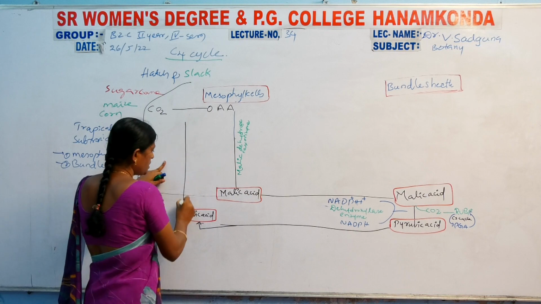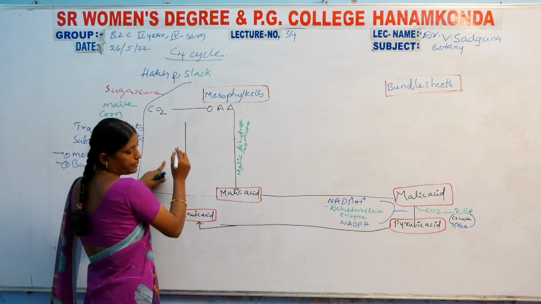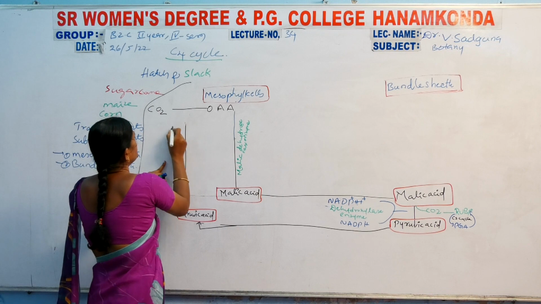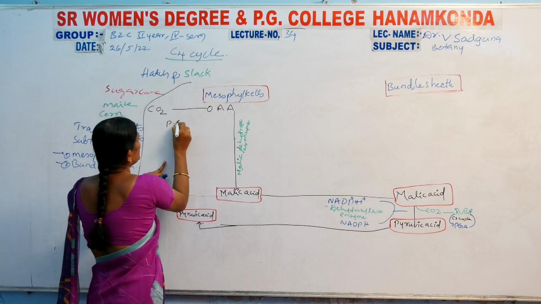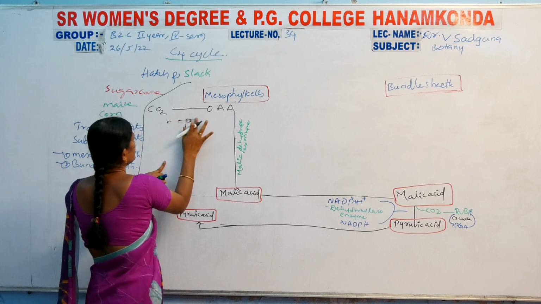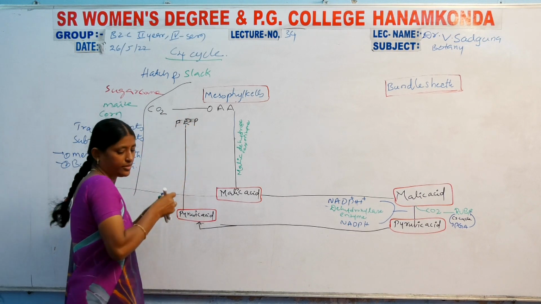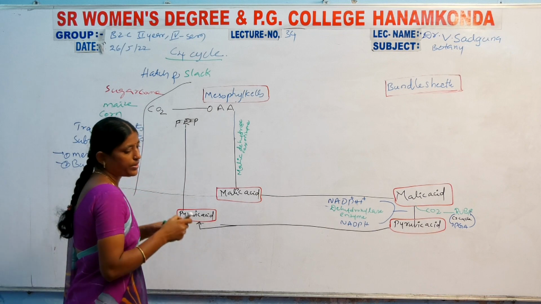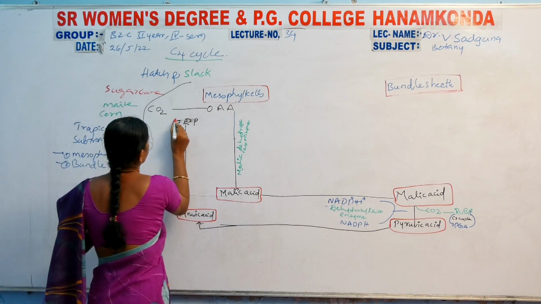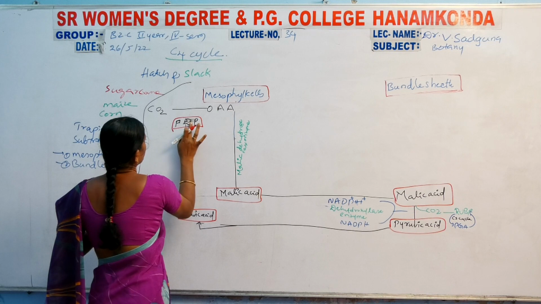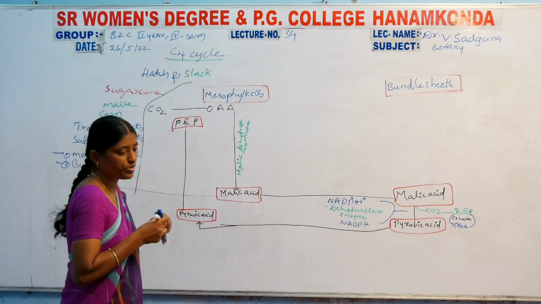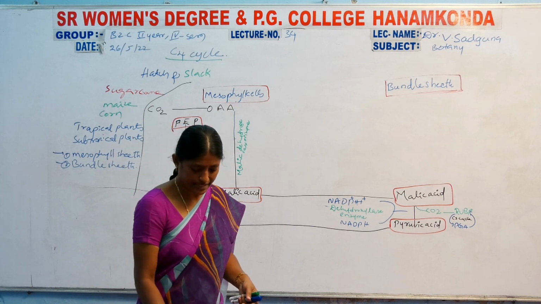It is used to make PEP, phosphoenol pyruvic acid.